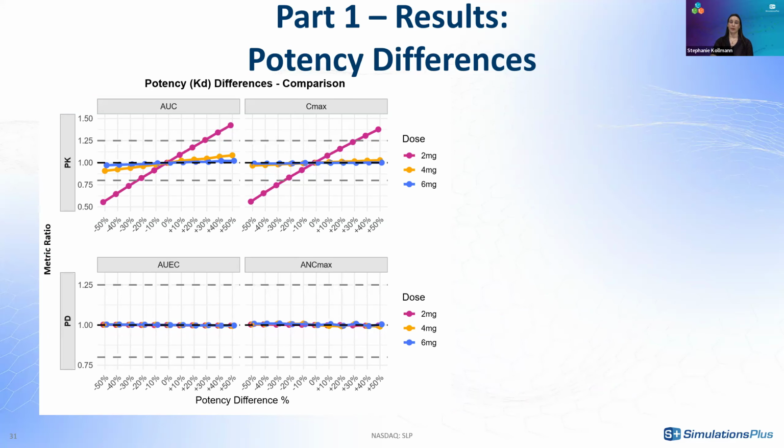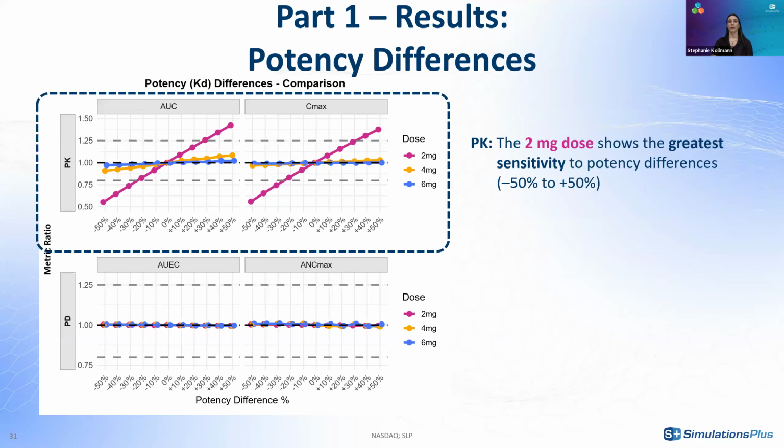When we vary binding affinity or potency, the 2 milligram dose shows the highest sensitivity to KD changes, while at 6 milligram, the effect is much smaller in that considered deviation range from -50 to +50% difference.